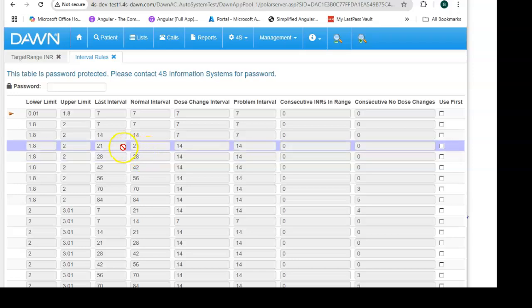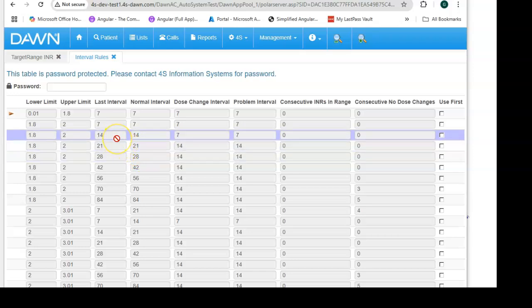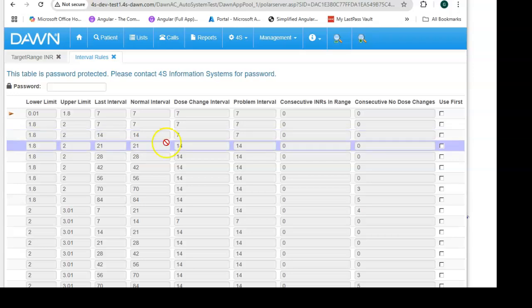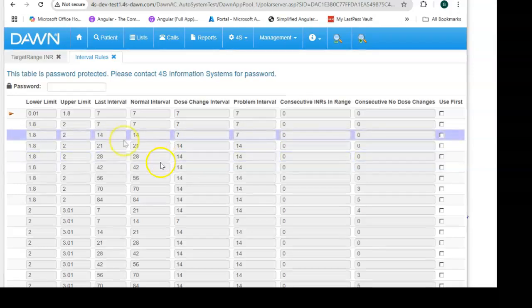But if they don't have a dose change, so that, 1 out of 1 results above the single standard deviation, so where we would need 2 out of 3 or 4 out of 5 to recommend a dose change, where a dose change doesn't happen or isn't recommended, we just keep them on the same interval.